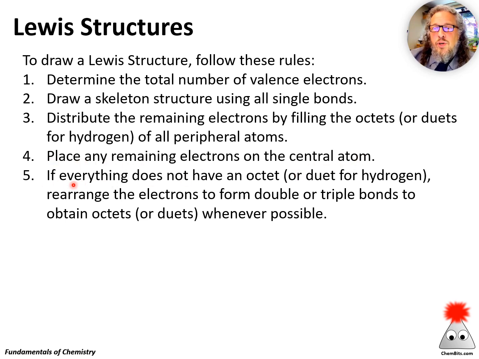And then we need to look around, and if everything doesn't have an octet, or a duet for hydrogen, we might do a little bit of electron rearrangement to form double or triple bonds instead of just all single bonds. So there are the rules. The best way to really figure these rules out is to work through some examples and see how to make these rules come to life.